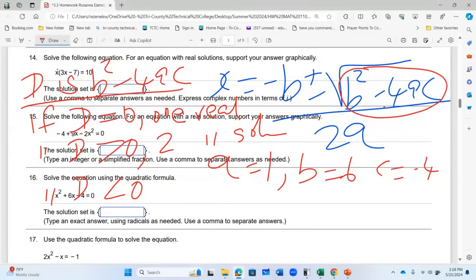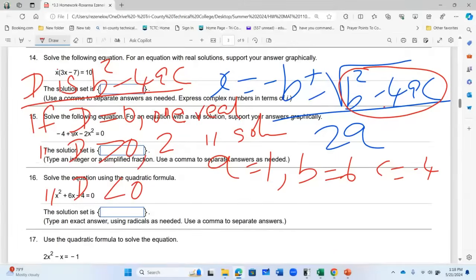Anytime you simplify D and it is negative, less than 0, then your solutions are imaginary. And you have to find the imaginary solutions. You do not say no solution. You find the imaginary solutions.